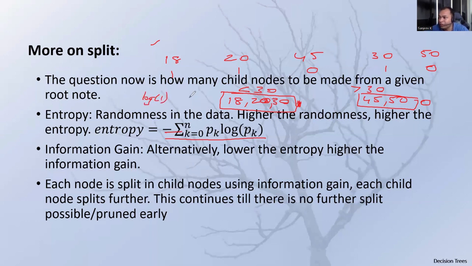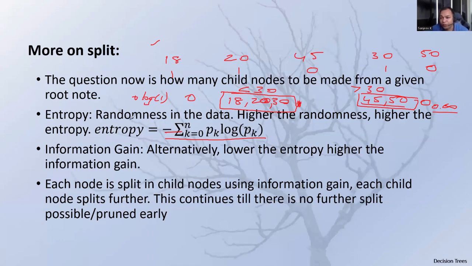Log of 1 is 0. So the entropy will become 0 for this class. 0 into anything is 0. In the case of this one, log of 0 is infinity, but 0 into anything is again 0. This is completely belonging to one class. All these records are one class, and all these records are one class.